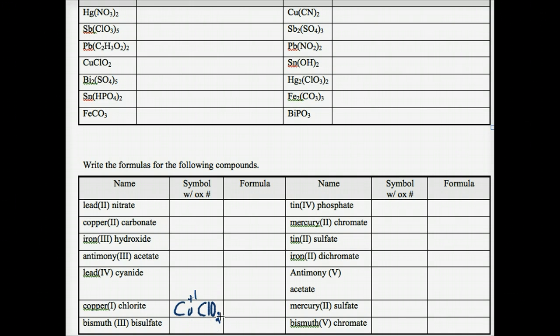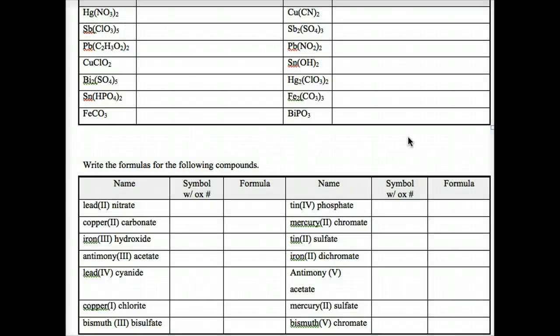So if ClO3 is chlorate, chlorite is ClO2, and the charge remains the same. I do not write my parentheses. We're meeting at 1, so it's just CuClO2. I don't want to see the unwanted parentheses. You never indicate it that way.